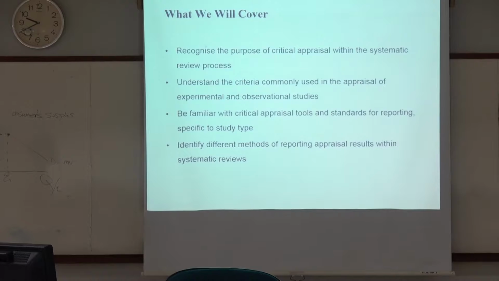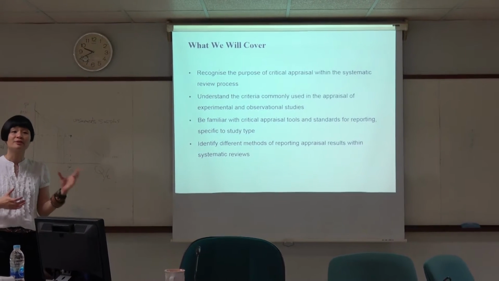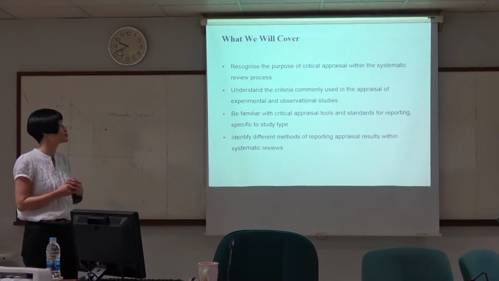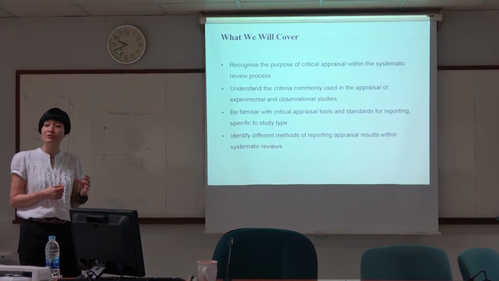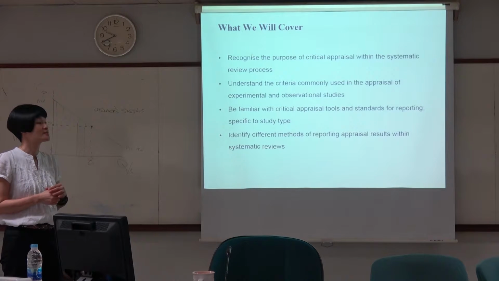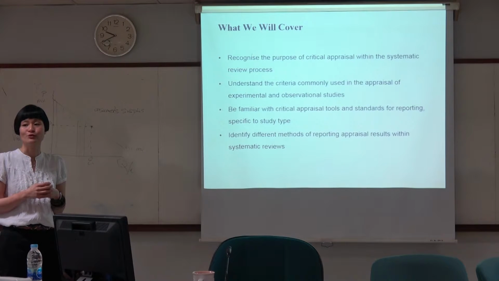I hope that at the end of the day, you'll be familiar with critical appraisal tools. I mentioned briefly the other day, there are lots of tools out there that can help you with your critical appraisal exercise, how you report the results of your critical appraisal, and specific to the study type. And also identify different methods of reporting appraisal results within the systematic review.